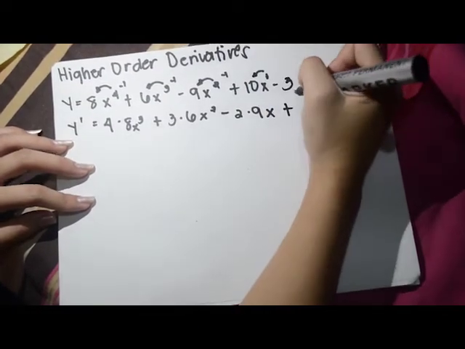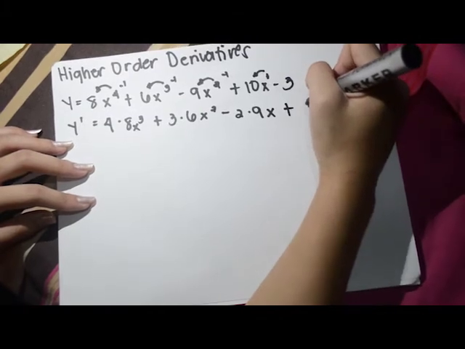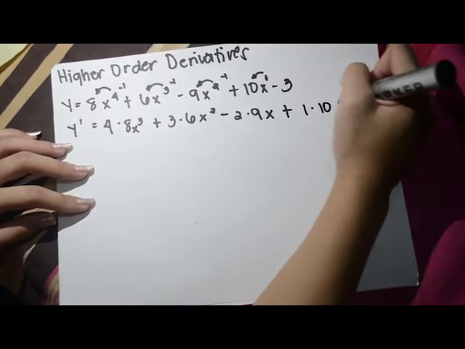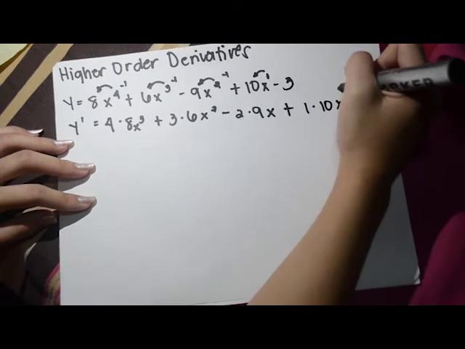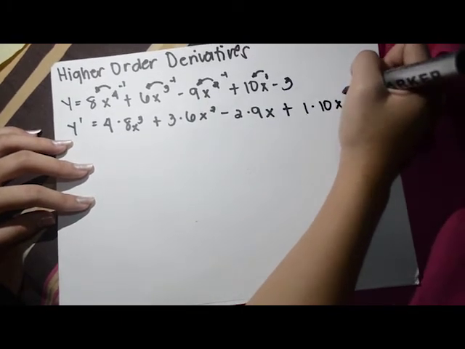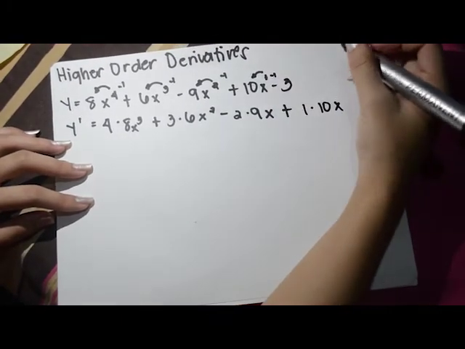The first derivative of the function will be 4 times 8x cubed plus 3 times 6x squared minus 2 times 9x plus 1 times 10x minus 0.